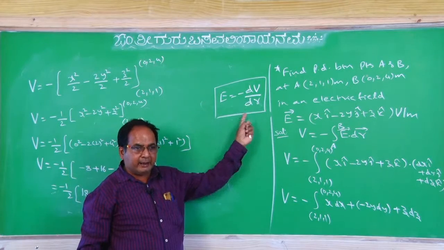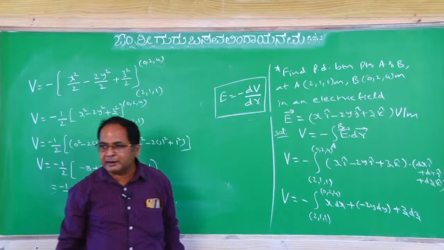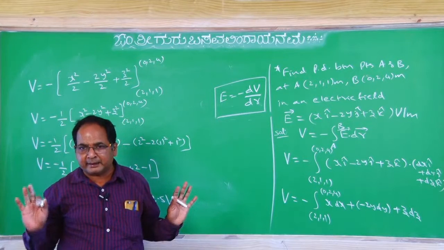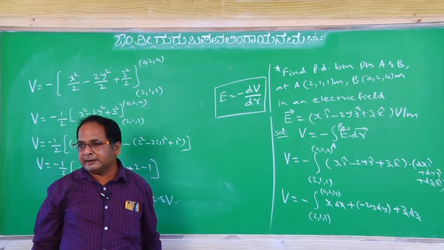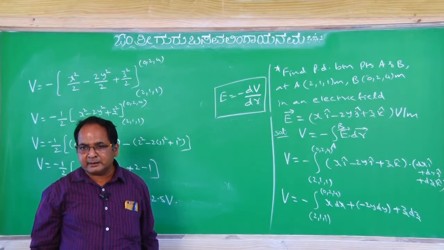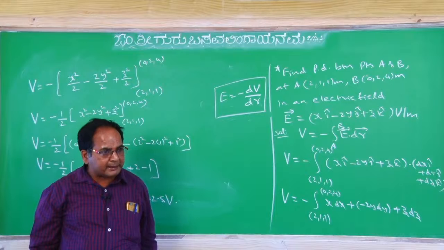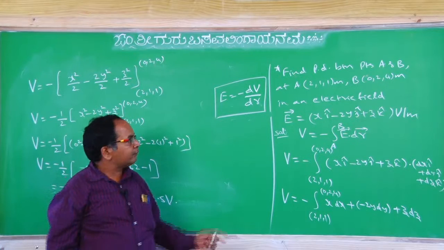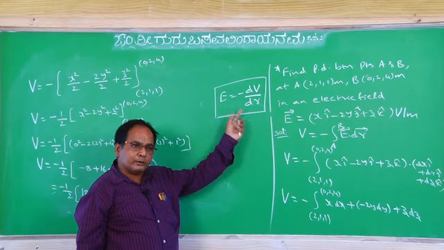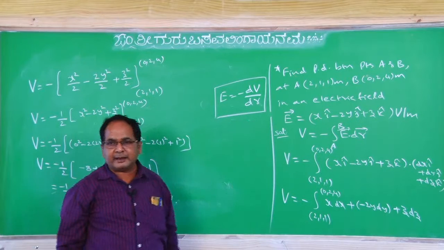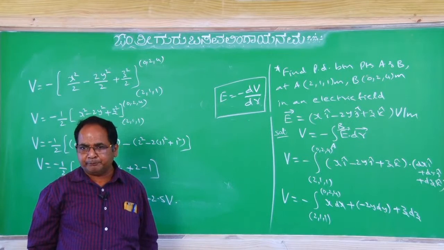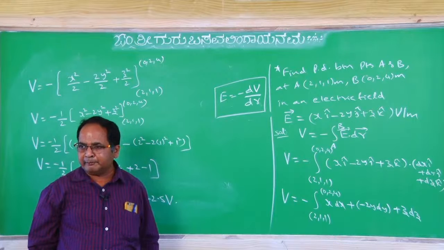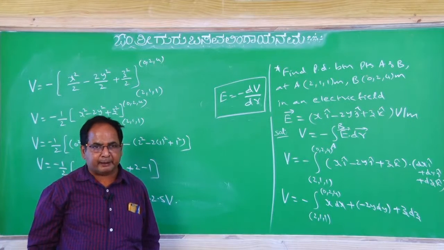Minus dV by dr. If the potential is in function of x, minus dV by dx, Ex. If that is in function of y, minus dV by dy. If that is in function of z, minus dV by dz. Okay. Function of x and y like this means those two terms we should take. For Ex, we should keep I cap. For Ey, we should keep j cap. For Ez, we should keep k cap.